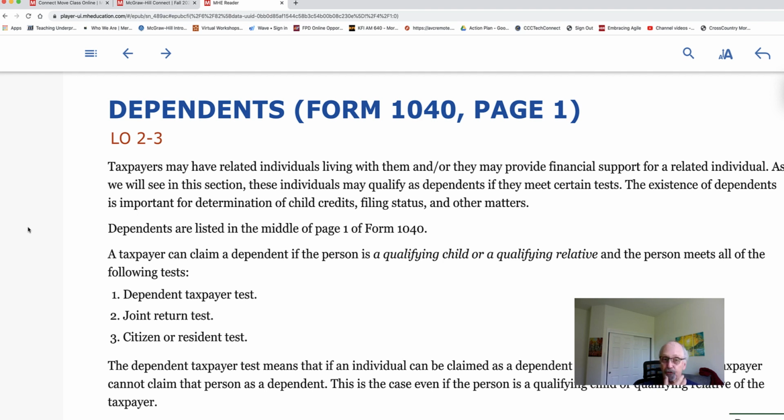Because if the child qualifies with more than one taxpayer, it can't go to both. It has to be one. The qualifying relative has these tests: not a qualifying child, relationship or member of household test, the gross income test, and finally, the support test.